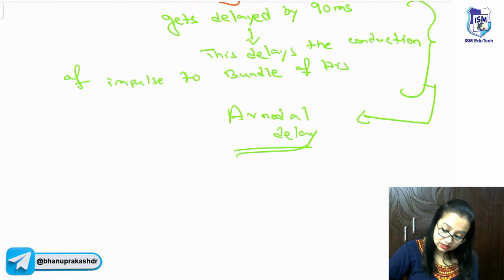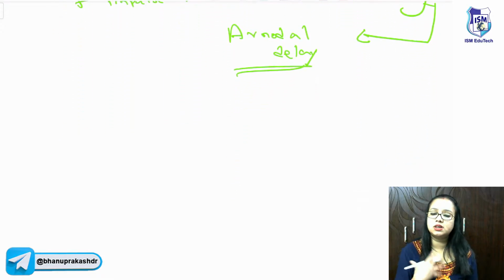And what is the clinical implication, or rather the applied part of it? Why does the AV node delay that one?